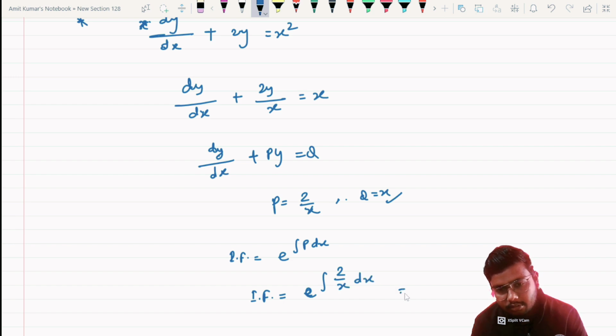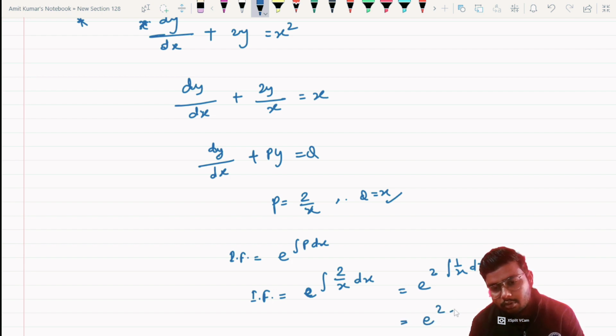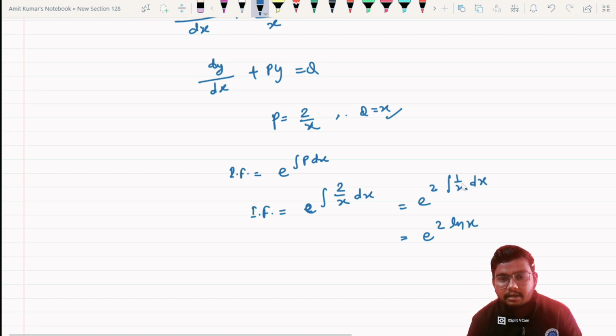We can take 2 out because it is a constant, then the integral of 1 by x dx, so this will be e to the power 2 ln x, because the integration of 1 by x is ln x.